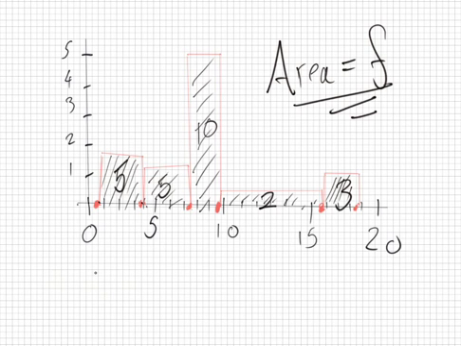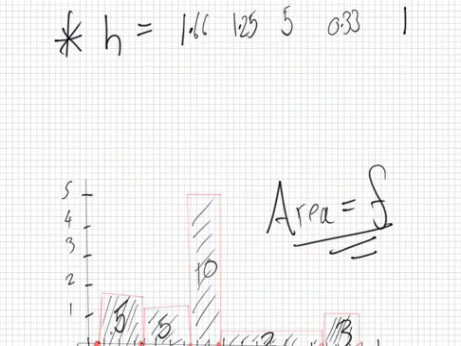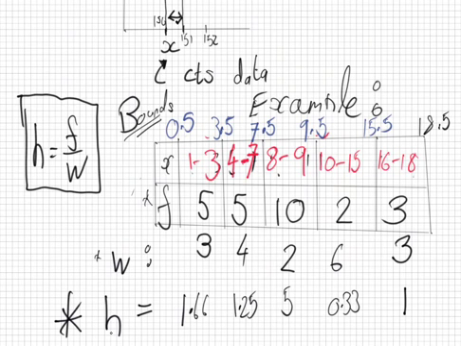So the most important thing to know is the area gives you the frequency. And why is that useful? So for example, I could now answer the question, how many people, if this was, I don't know, heights or income or games or whatever, how much is between 6 and 9? So if I go back to my table, do I have any bin that's between 6 and 9? No, I don't, do I?